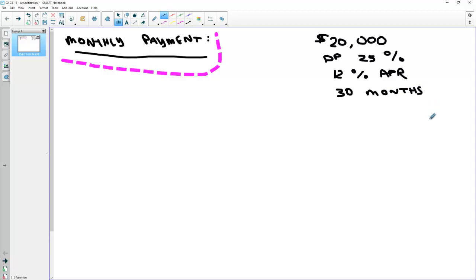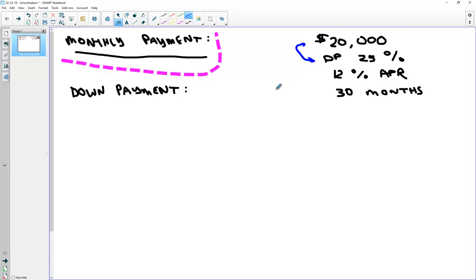All right. So on these questions, we need to figure out what the down payment is. So we're going to go ahead and calculate the down payment first. Oh man, this is a little bit harder than I remember. Okay. So the down payment is going to be these two numbers right here. So what we're going to do is figure out how much we need to put down.